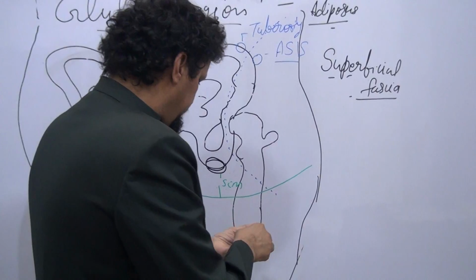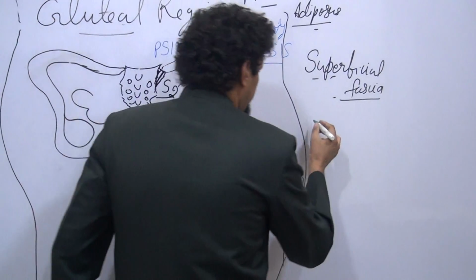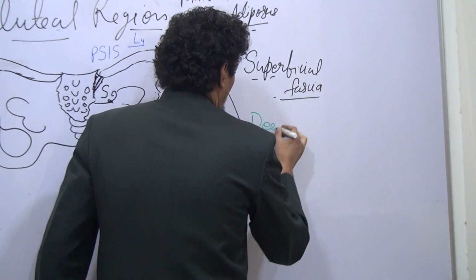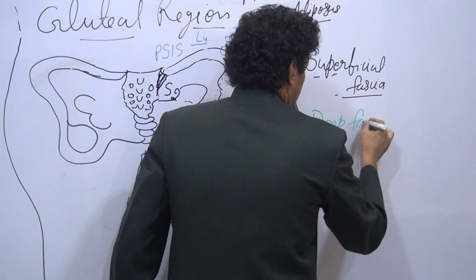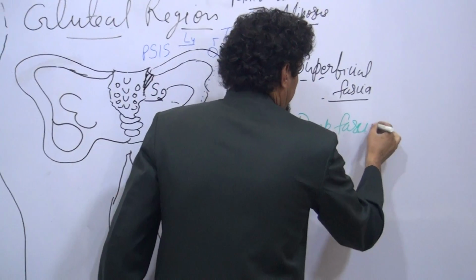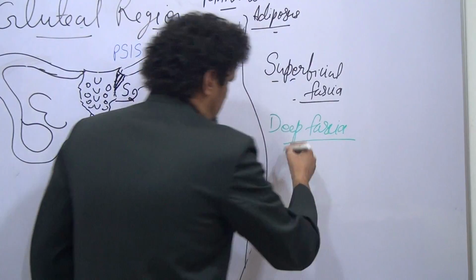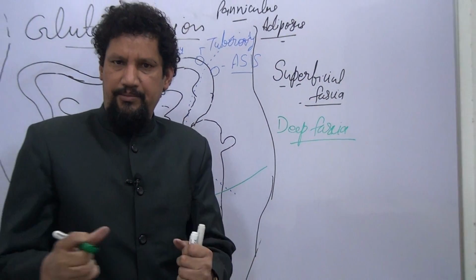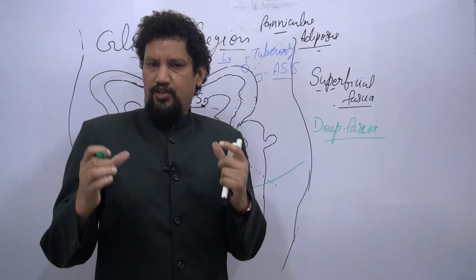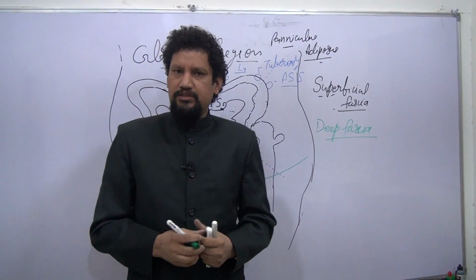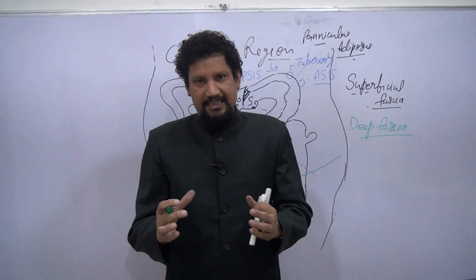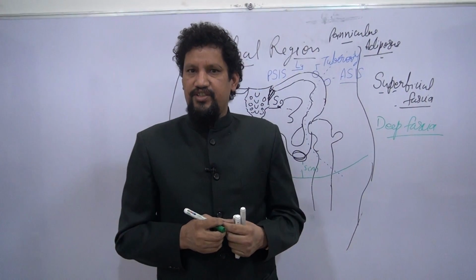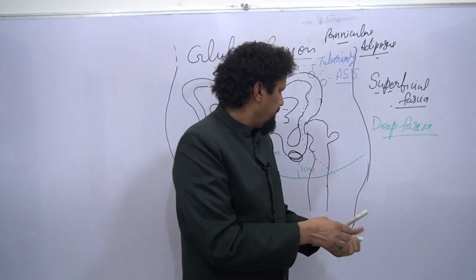The deep fascia of the region is known as the gluteal fascia. The gluteal fascia is a tough fibrous membrane and splits twice to enclose the gluteus maximus and the tensor fasciae lati muscle.